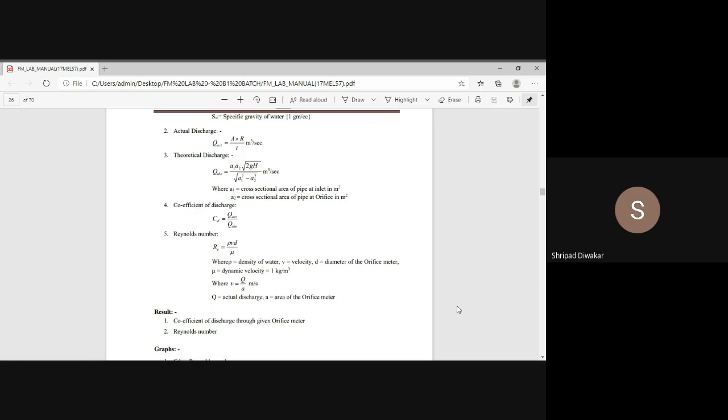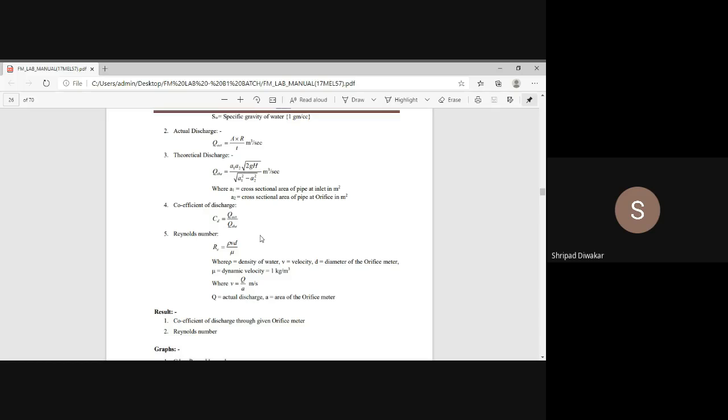Please note down the dynamic viscosity of water as 0.001 Newton second per meter square. Remember mu. Rho is 1000, V is Q actual divided by A, D is 25 mm and mu is 0.001. These are standard. In this equation, you are going to calculate only the velocity, that is Q actual divided by A.